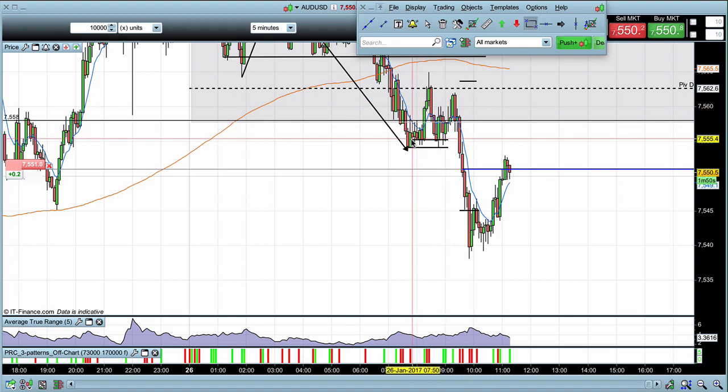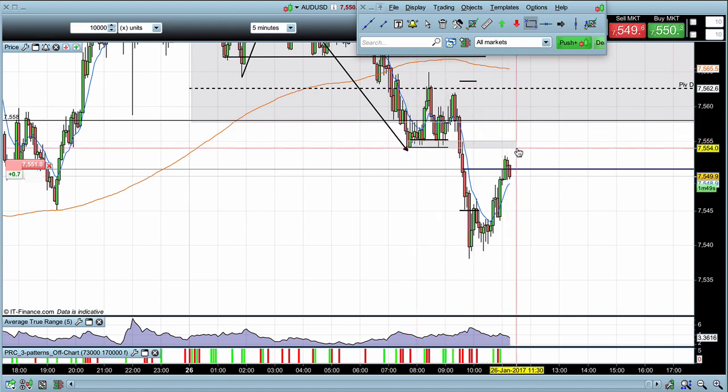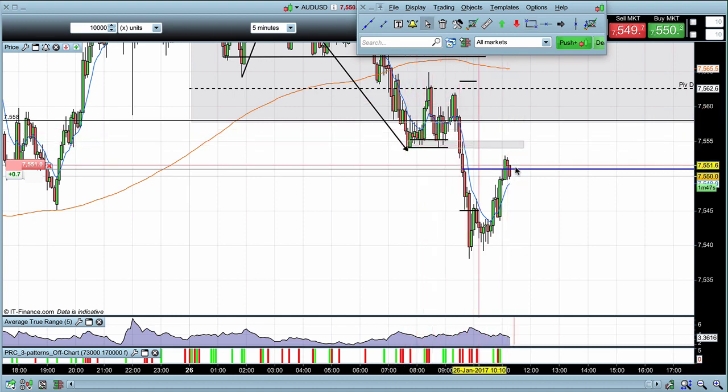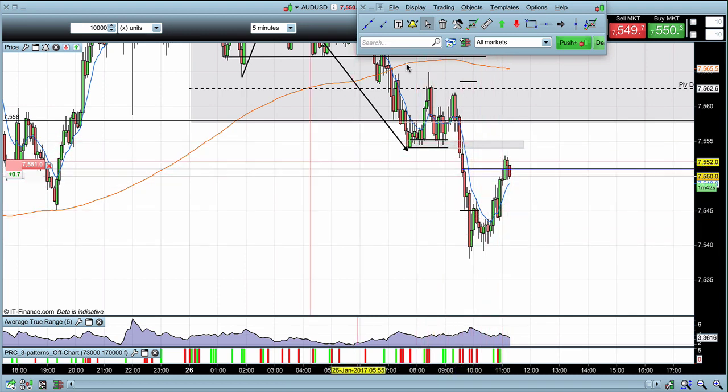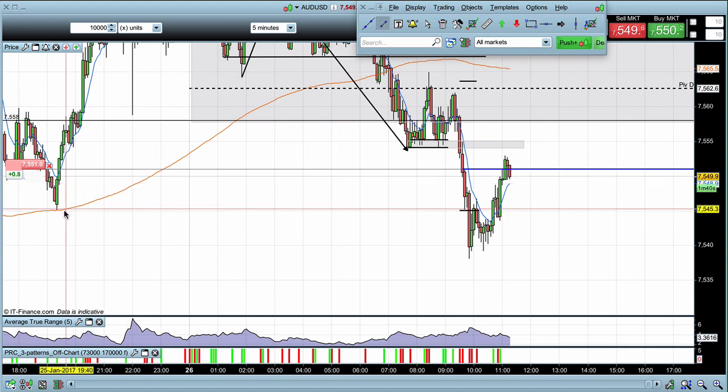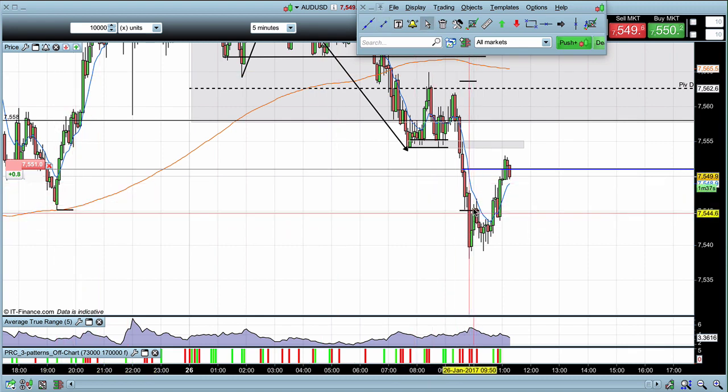The market has popped back up toward the previous swing lows up here. Hasn't quite reached these levels yet, but it has pushed back up for a retest. So as it's broken through the previous lows, it's come back down after retesting.